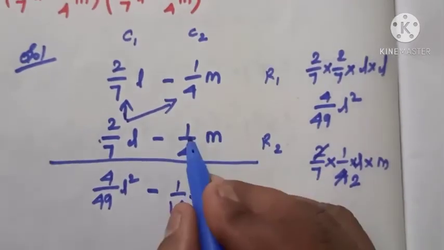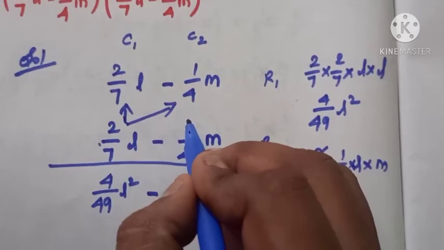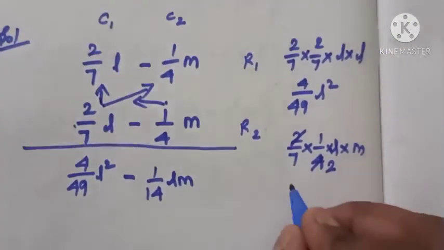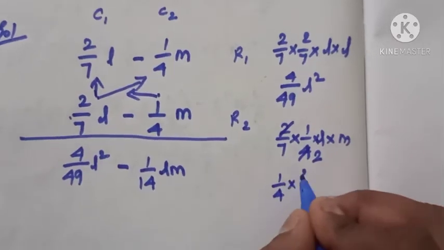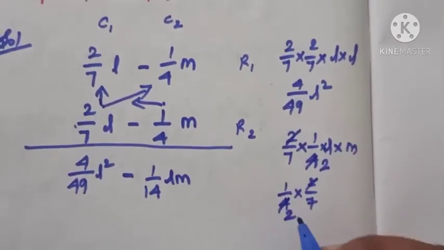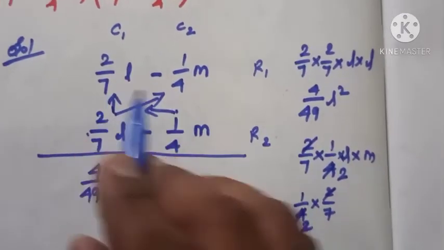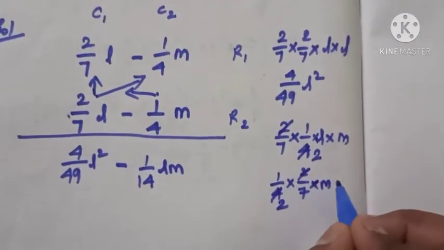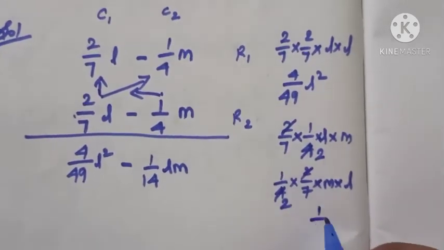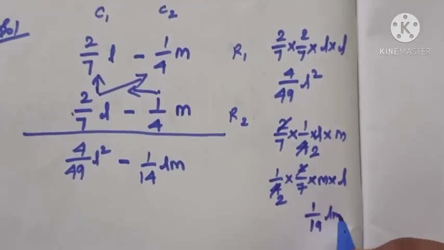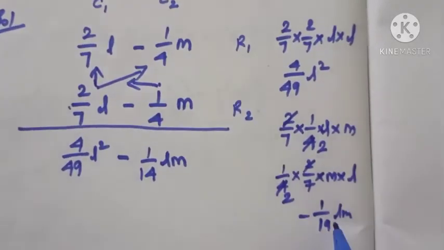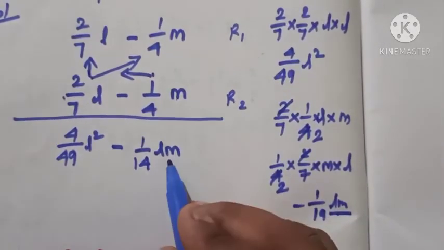Now you go with this 1 by 4, and 1 by 4 is multiplied with this 2 by 7. If you multiply 1 by 4 into 2 by 7, what do you get? 2 will get cancelled, and this M is multiplied with L, giving LM. So same 1 by 14 LM, 1 by 14 LM, but plus into minus.